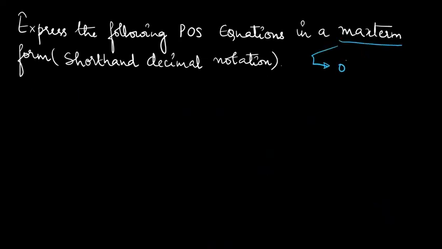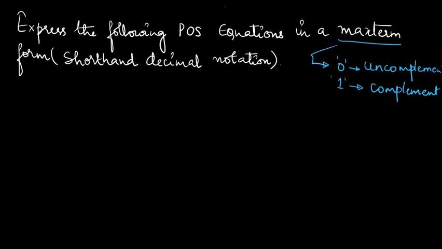So in the second type of numerical, we have a POS equation which has to be represented in the shorthand decimal notation. So here maxterms will be used. Maxterm means 0 is an uncomplemented variable and 1 is a complemented variable.